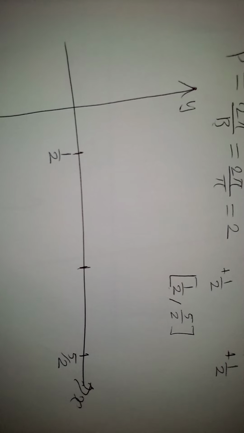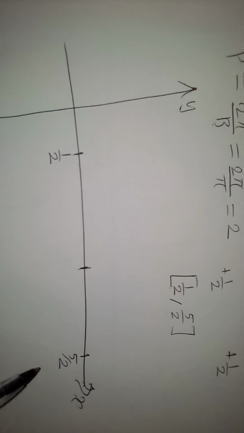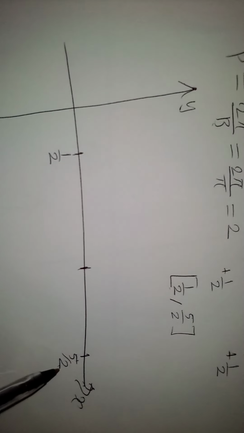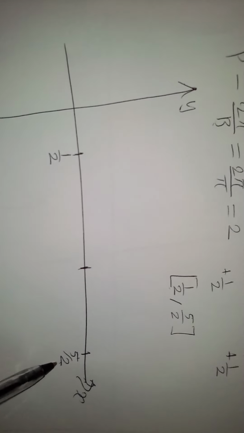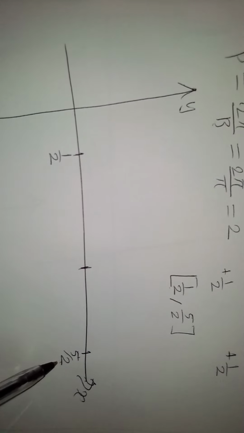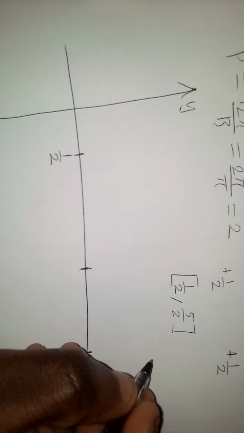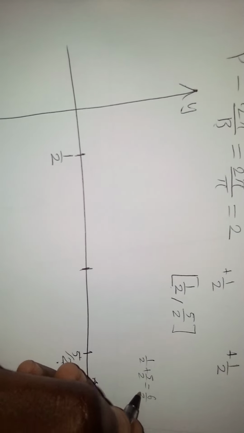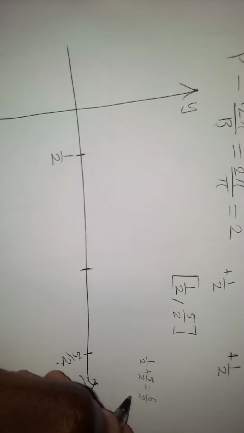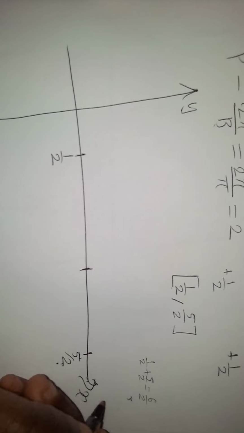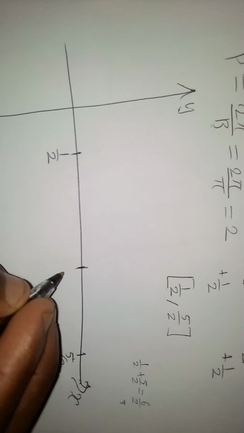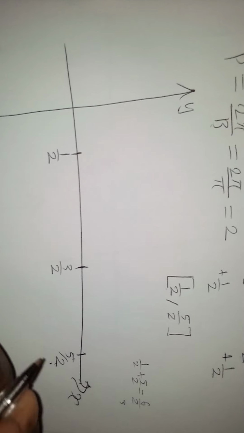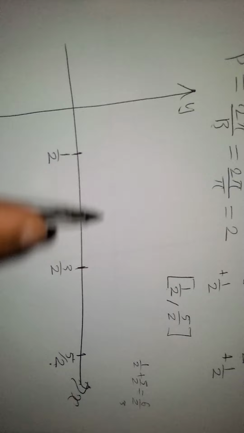To find the half of this interval, we can simply add 5 over 2 plus 1 over 2, and we are getting 6 over 2 multiplied by half. 6 over 2 is just 3, multiplied by half, that will be 3 over 2. So we have 3 over 2 here.